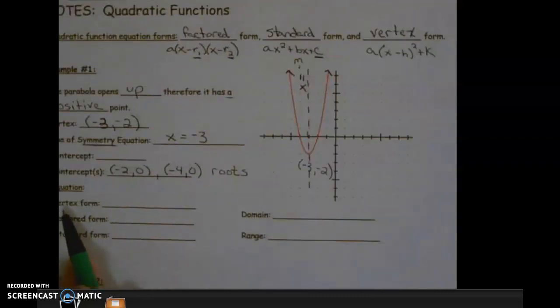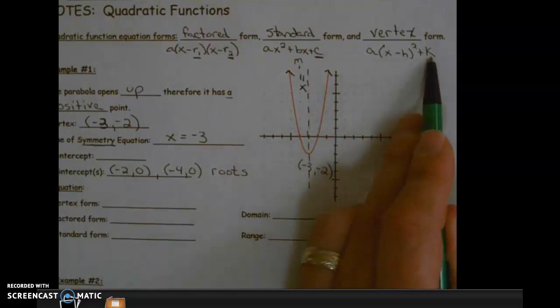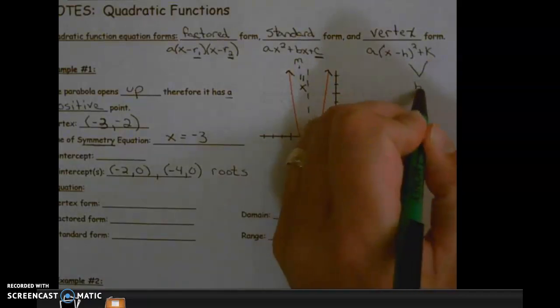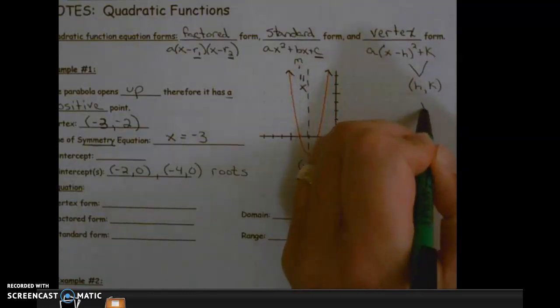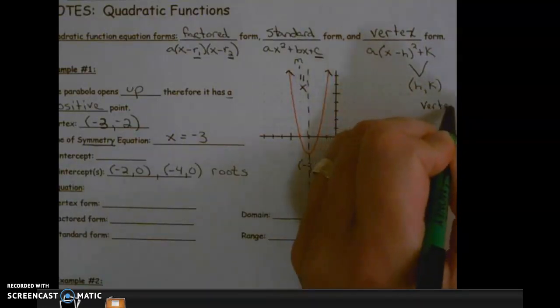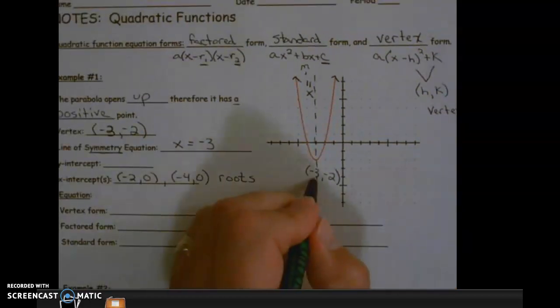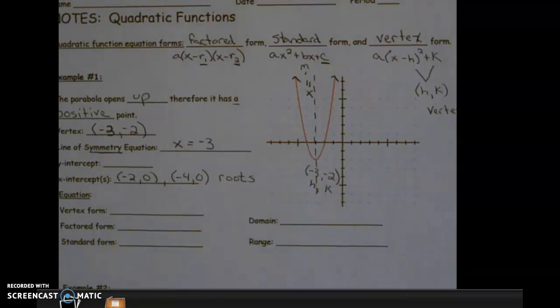Okay, so let's next write this equation in vertex form. First, we need these three numbers, a, h, and k. And we actually already have h and k. h and k represent the vertex, and we know the vertex is -3 and -2. So we already know those two numbers.